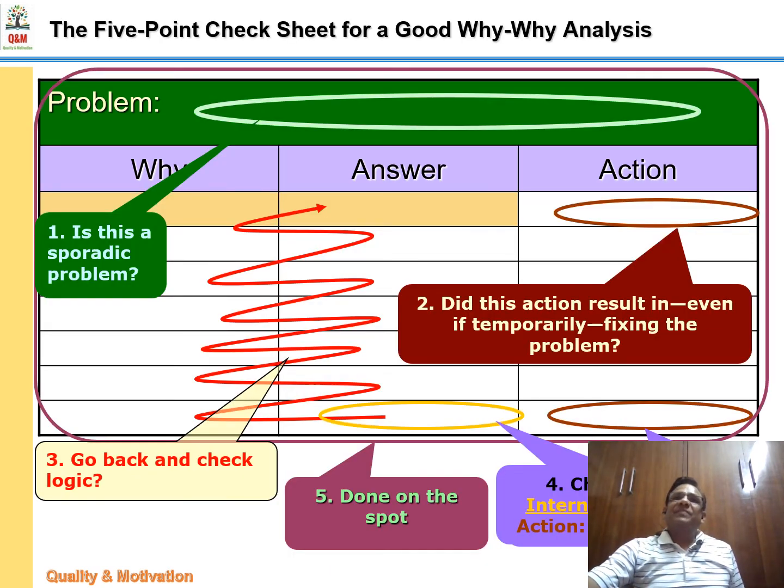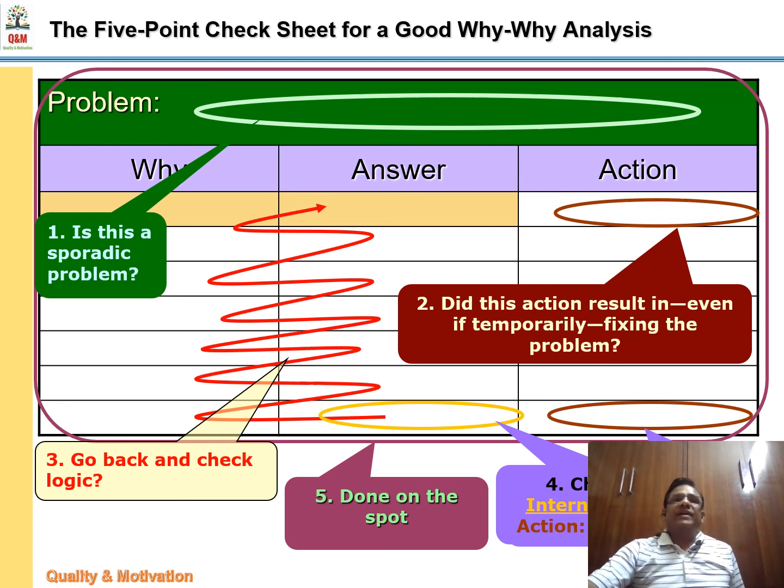Now let us check once again the five key points of good why analysis. The first key point: is this a sporadic problem? In the last example, yes, we have a sporadic problem. Second, did the action result in temporarily fixing the problem? Yes, all the actions which we have taken initially are temporary.